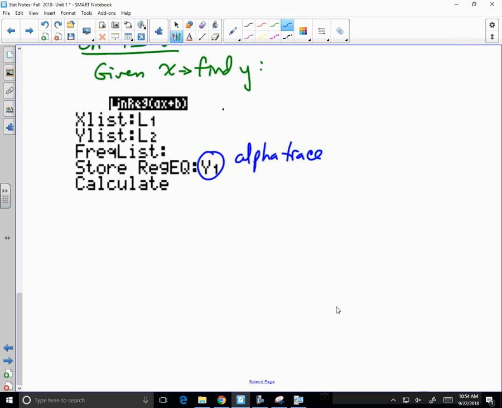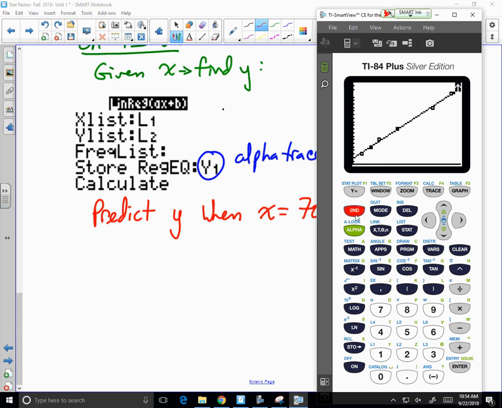So let's say predict y when x is equal to 70. This is how you do it. In your home screen. So quit out of your graph, go into your home screen. You're going to hit alpha trace. You're going to select y1.